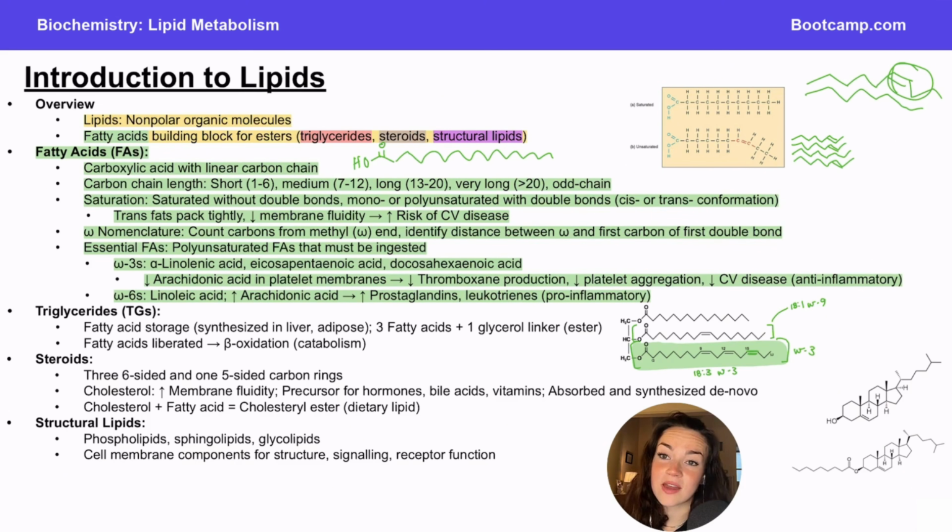So now that we understand fatty acids and all of their nomenclature, we can understand some of the larger lipids made up from these fatty acids. The first is triglycerides, and this is the storage form of fats and fatty acids. These triglycerides are going to be synthesized in the liver and the adipose tissue, right, or fat cells. And the composition of a triglyceride is 3 fatty acids plus 1 glycerol linker, and they're linked by an ester bond.